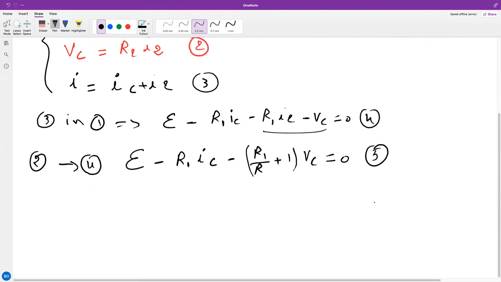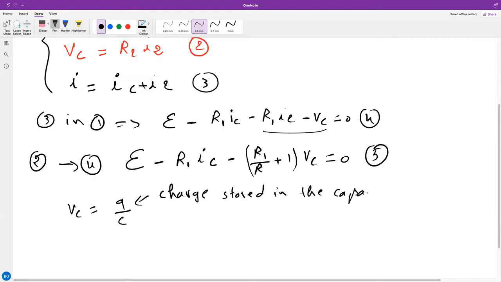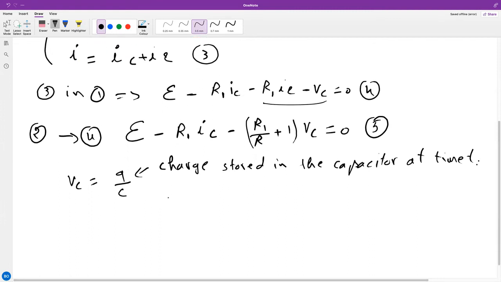In addition, I know that VC is equal to Q over C, where Q is the charge stored in the capacitor at time t. So again, I can replace, and I also know that IC is equal to dq over dt.